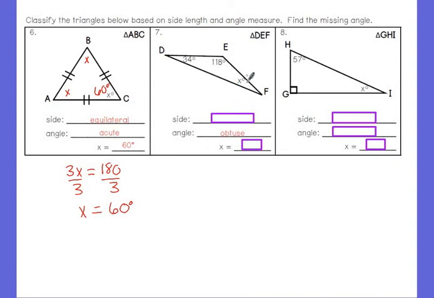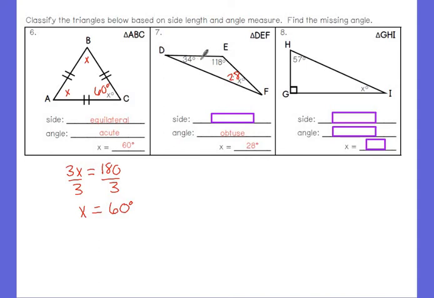Well, I need to find this angle here. I know 3 angles of a triangle should add up to 180. So 180 minus 118 minus 34 is going to give me 28. So this is 28.